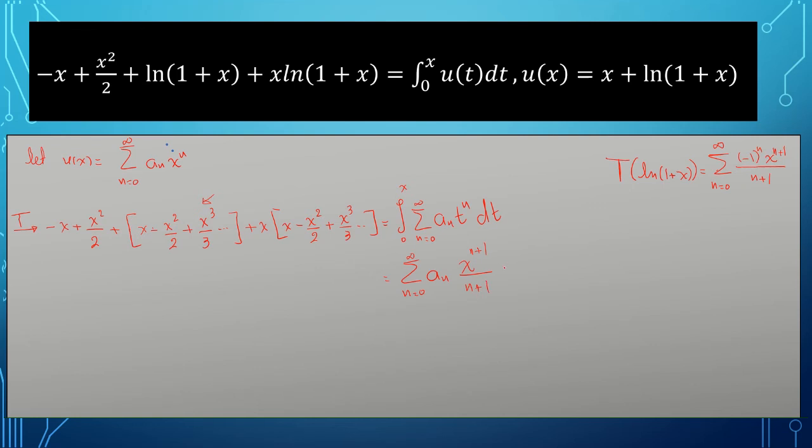And this is of course equal to a_0 plus a_0 multiplied by x plus a_1 x raised to 2 over 2 plus a_2 x raised to 3 over 3 plus a_3 x raised to 4 over 4, and so on.